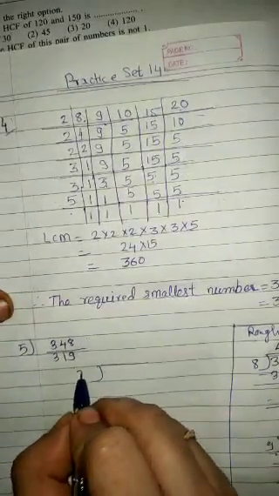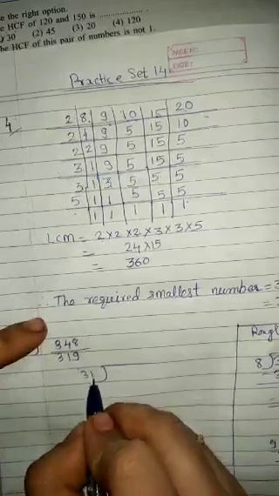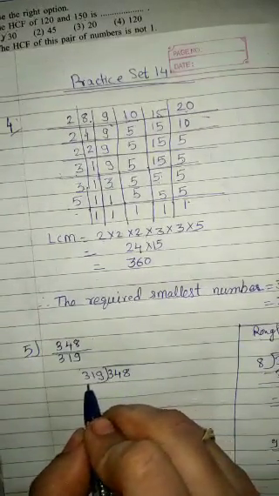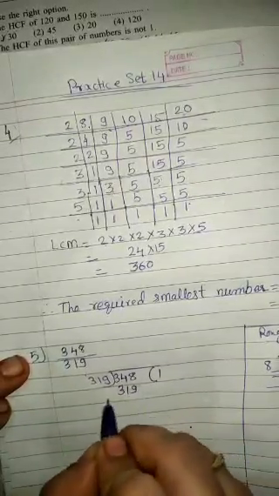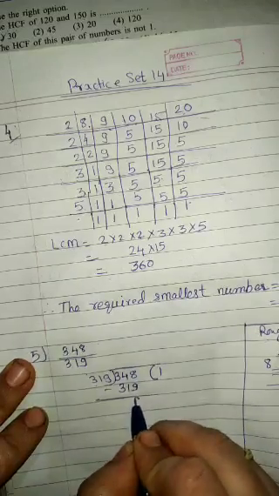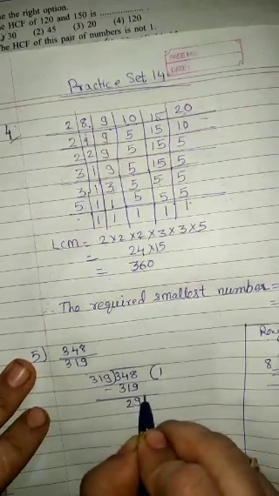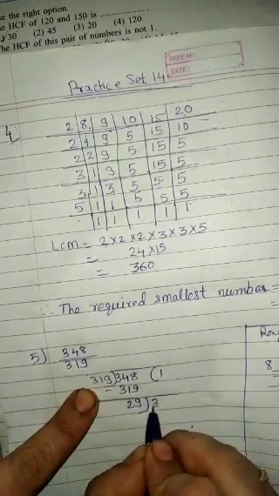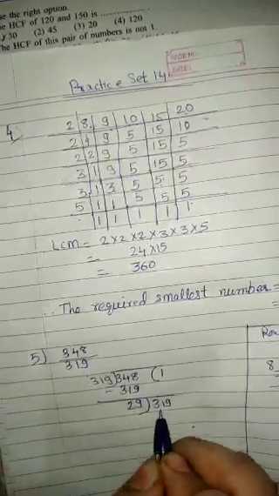This is the division method of finding the HCF. 348, now 319 ones are 390. After subtracting, what will you get? 18 minus 9 will be 9. 3 minus 1, that is 2. 29 you will get. Now 29 will remain as the divisor and 319 will become the dividend. Because this is your divisor and this is your dividend.